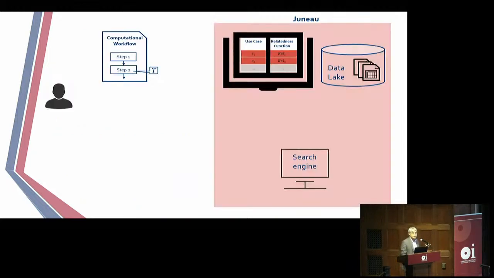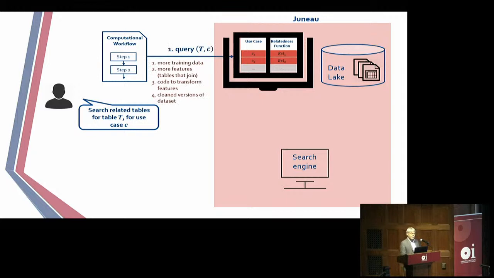So how does this actually work? Well, basically, you could think of our Juno system as instrumenting the computational tasks that a data scientist is doing, looking at the tables representing the data they have, trying to figure out what they're doing, and that could be by asking them, and then looking for other things that might help them.